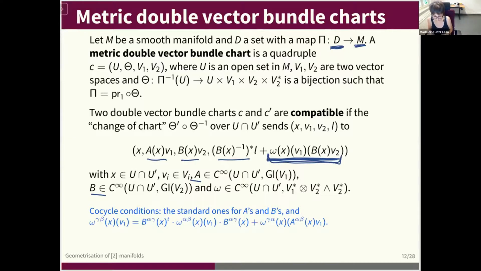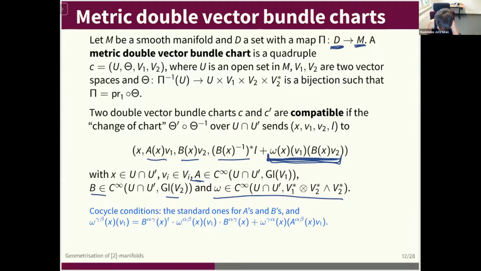It will keep the sides fixed and just add something to the core. In any way, so you get those cocycles, A with values in GLV1, B with values in GLV2, and this omega with values in, I guess, Q-symmetric matrices. Well, V1 star tensors Q-symmetric matrices on V2.